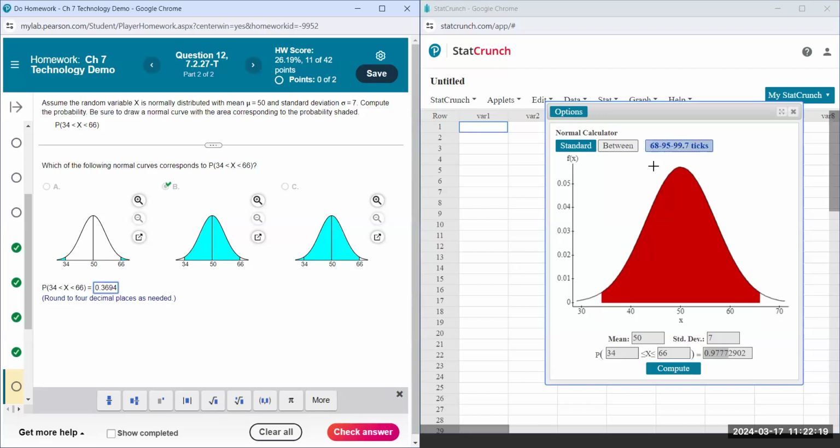If I did want to change it to the tick marks, then it would show me like 1, 2, 3 standard deviations. So somebody who's at a $57 bill is 1 standard deviation above the mean, and somebody who has a $36 bill is 2 standard deviations away from the mean.